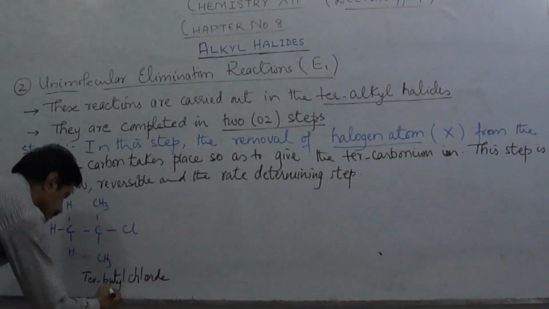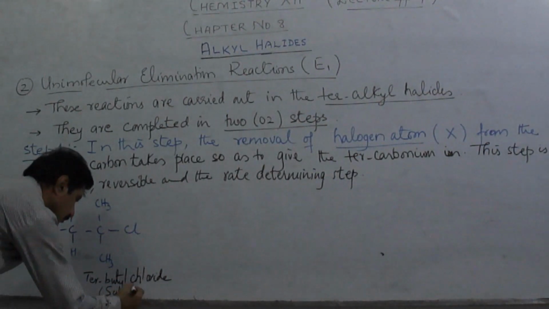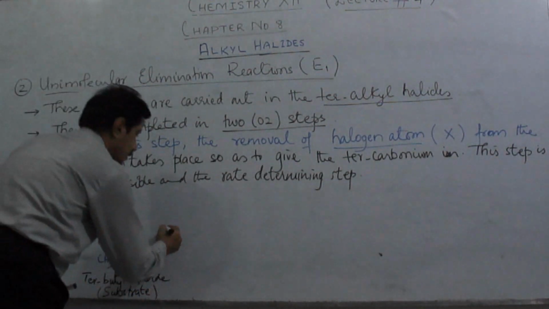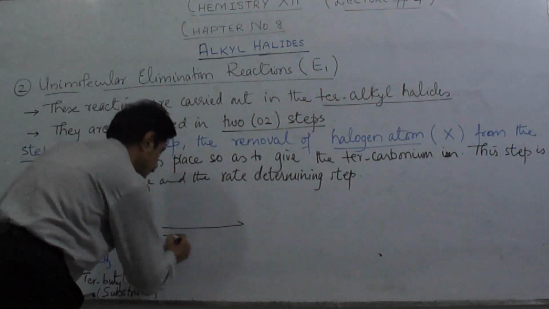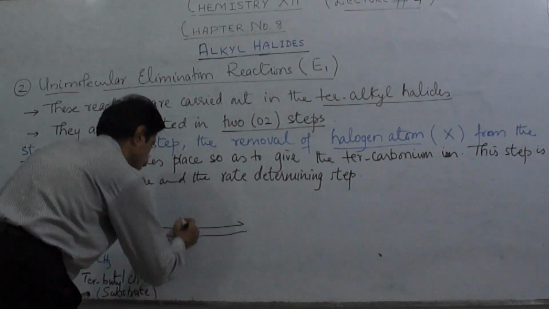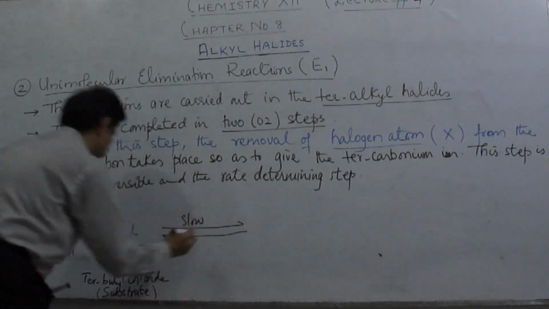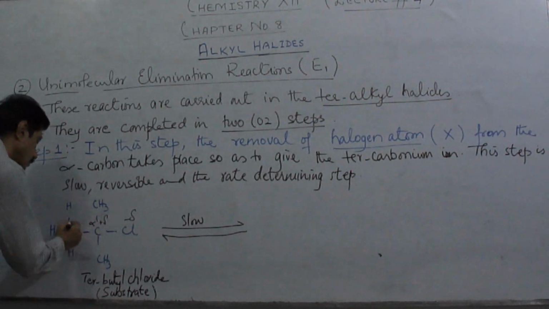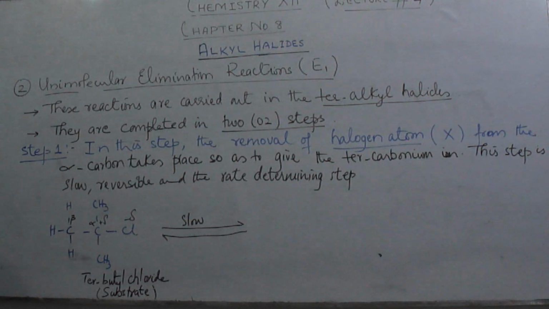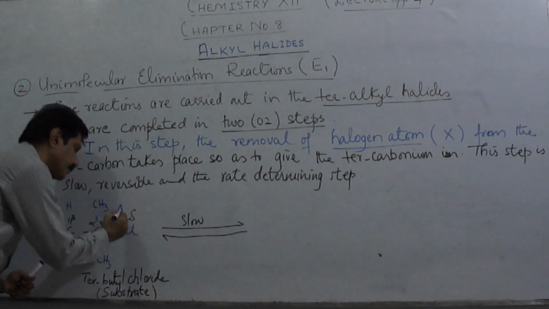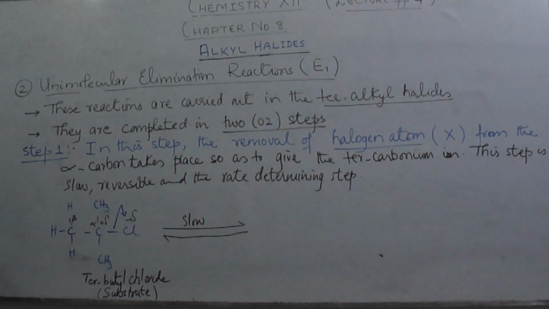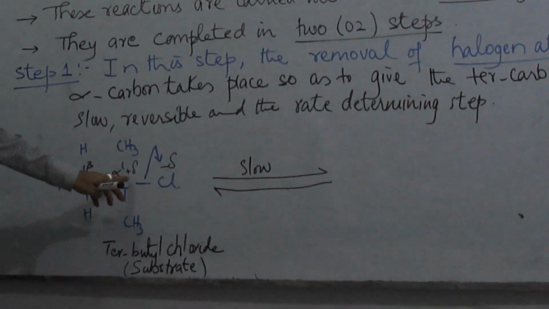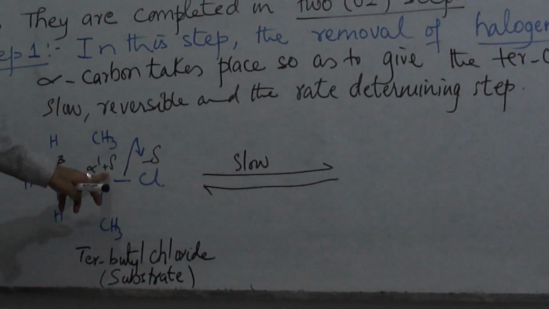The substrate being more electronegative in nature, the chlorine atom will try to escape out from the molecule by taking this electron pair with it, resulting in the formation of a positive charge on this alpha carbon.